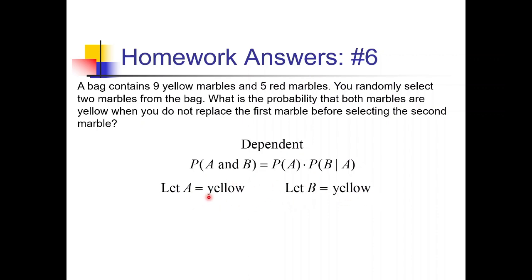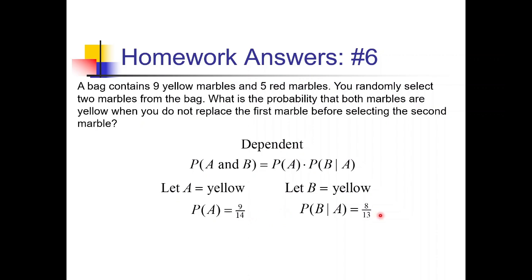So the probability of that first yellow, we have 9 yellow marbles out of a total of 14, and we can't really reduce that, so we'll just leave that the way it is. Now the probability of a yellow, given that a yellow has already happened, so P of B given A, since we already picked a yellow the first time around, that means instead of 9, now we're down to 8 yellow marbles that we have to choose from. And we lost 1 marble overall, so this 14 now is reduced to 13.